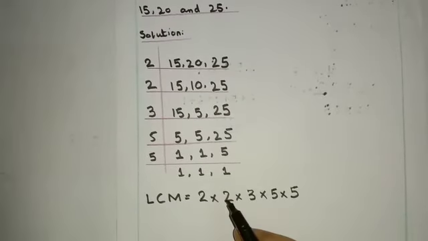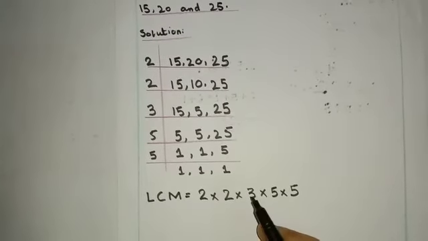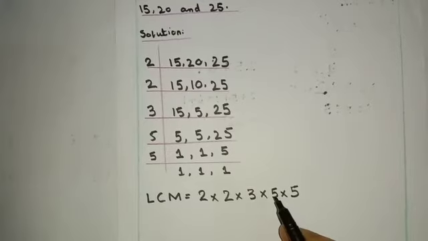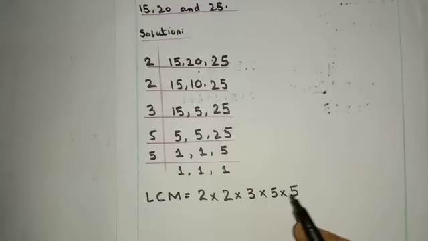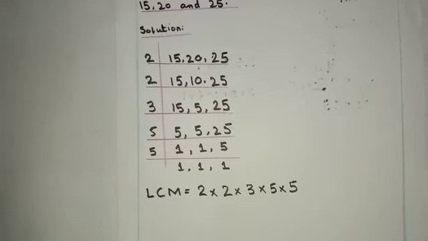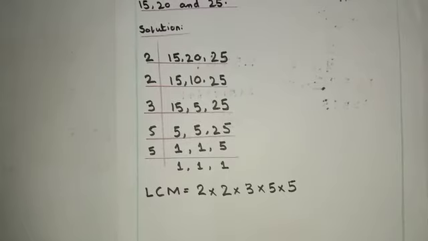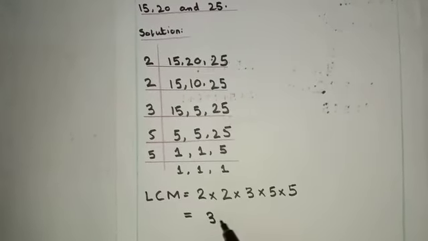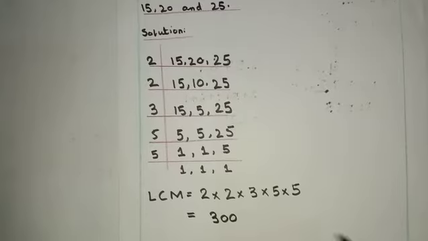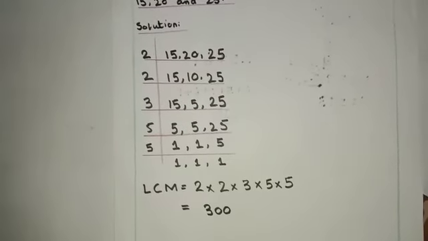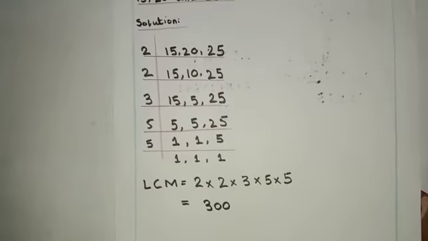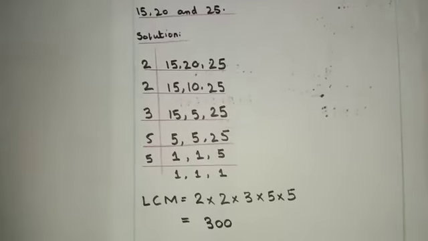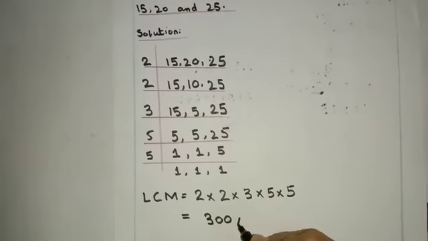Now 2 twos are 4, 4 threes are 12, 12 fives are 60, 60 fives are 300, right? So it means the lowest common multiple of 15, 20 and 25 is 300. 300 will be your answer.